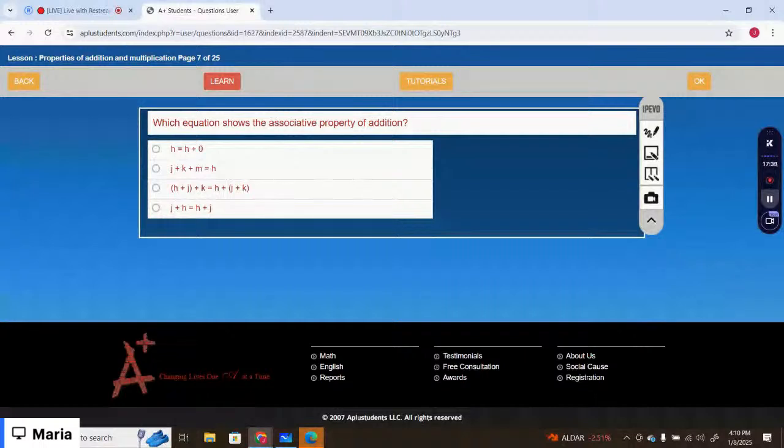Associative property involves three addends, and their order of addition is different. So option number C is the correct option.